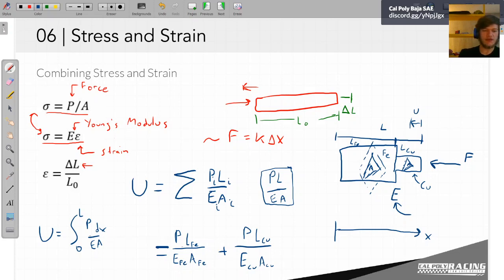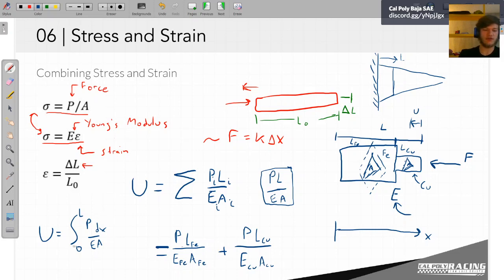This is something that becomes a little more useful when you have weird shapes. So if rather than a constant cross section, you have something that's tapered, then that integral definition becomes more useful, because now you can talk about your area as a function of X, as a function of length here. It's math.